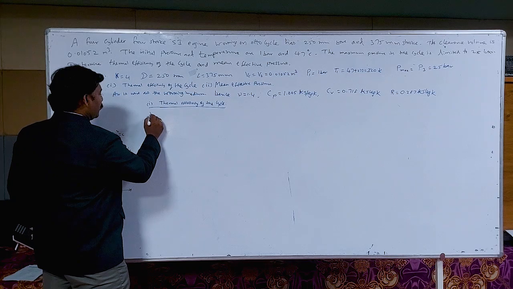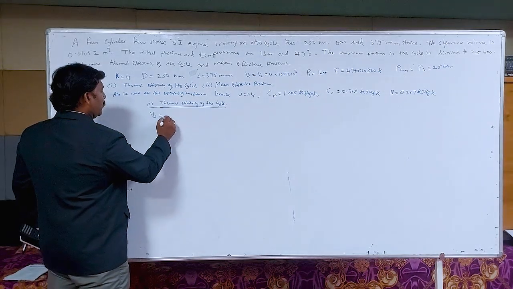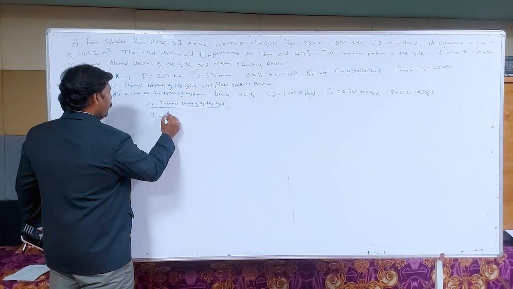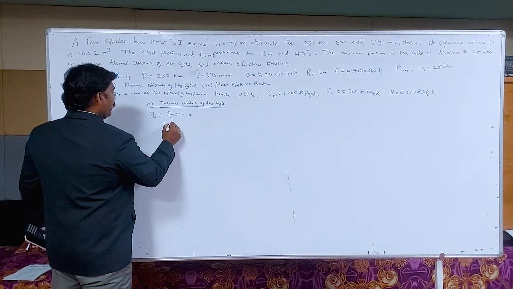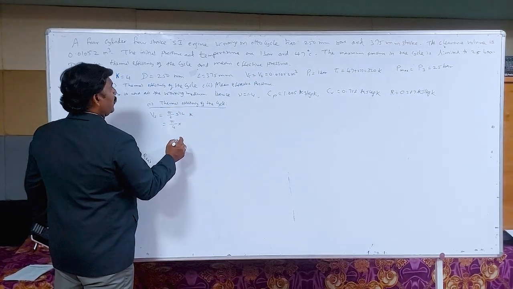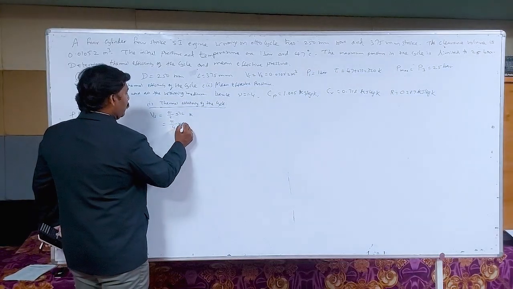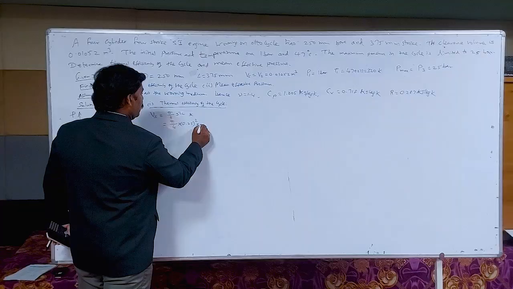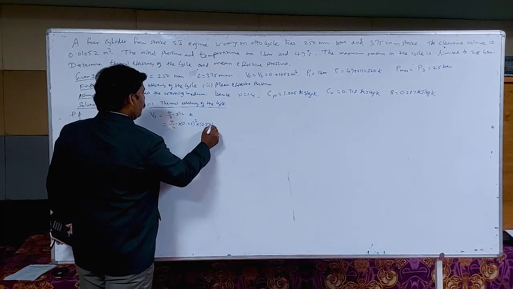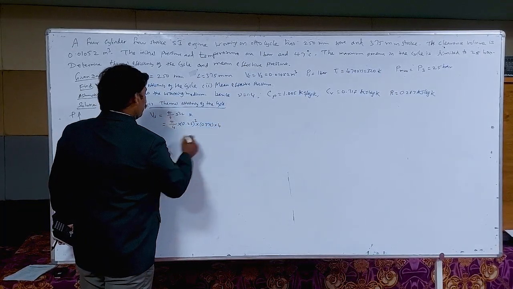To find the compression ratio, we need swept volume. It is equal to pi by 4 D square L into N. So pi by 4, D is the bore, which is 0.25 the whole square, and L is the stroke, which is 0.375, and number of cylinders is 4.